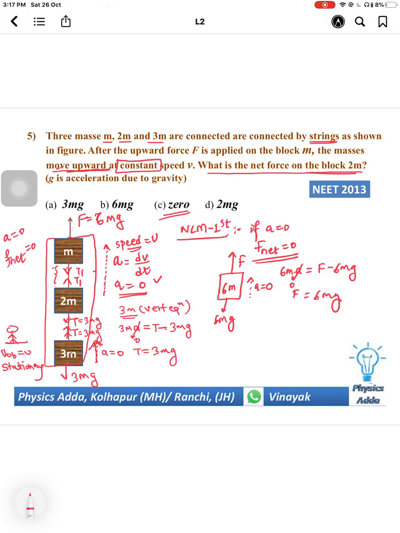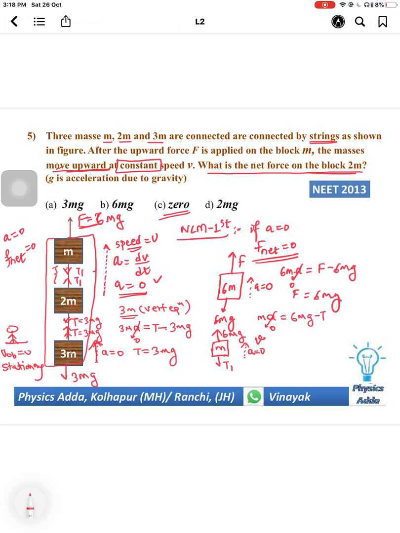If this is 6 mg, then for block M, 6 mg is the force acting upward, and this is tension T1. It is moving upward with acceleration a equal to 0 and speed v, so mass into a, which is 0, is equal to 6 mg minus T1.